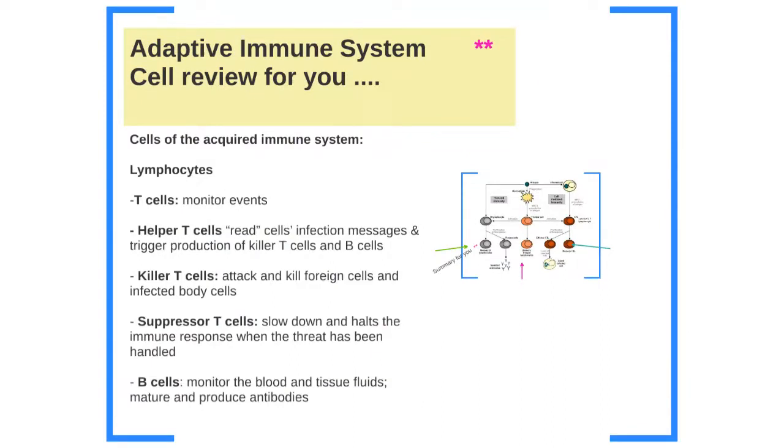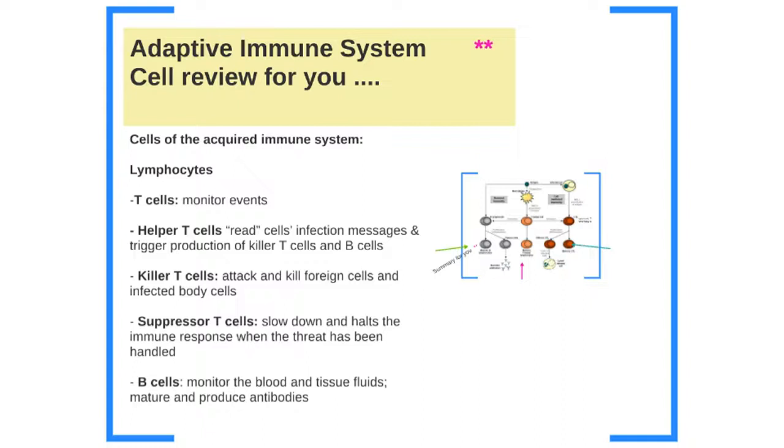So the bottom line is that in this immune system response, and this is acquired because you've been exposed, you can be a susceptible host. And the T cells are monitors. These are all our lymphocytes. Our T cells are monitoring.